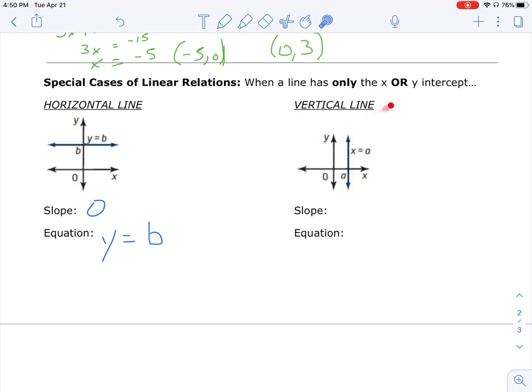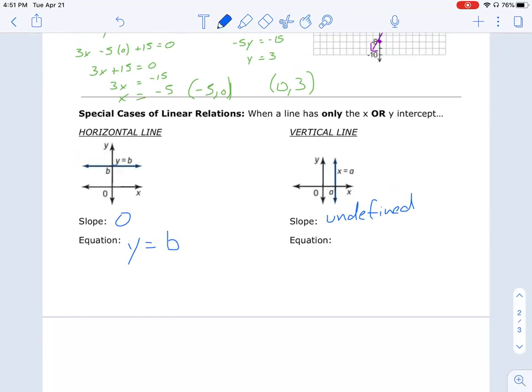When we talk about a vertical line, when this is going straight up and down, this line does not touch the y-axis at any point. So the slope of this line is technically undefined. So if we think about where we get that undefined from, if we know that our slope is our rise over run, well, when it comes to a vertical line, there is no run.